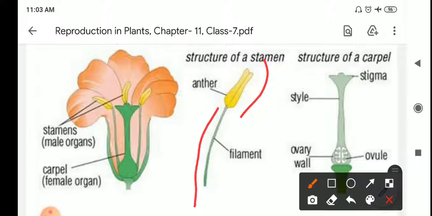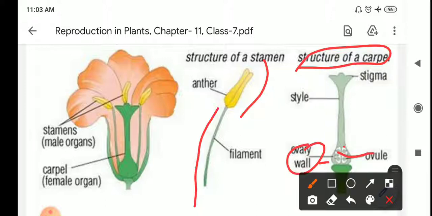But in the carpel, from the lower side, there is the ovary wall, and inside the ovary are the ovules.